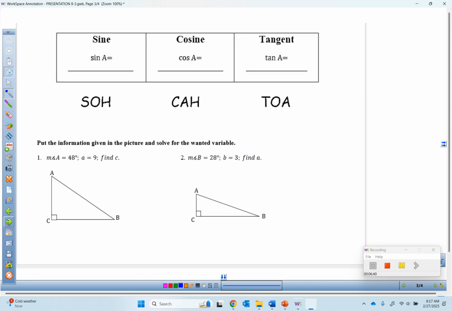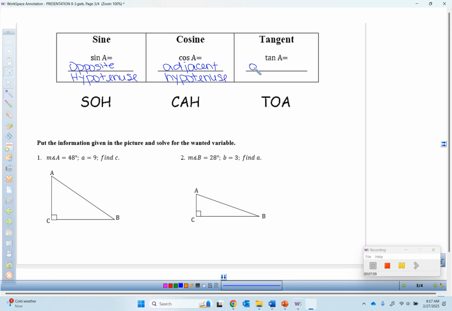Okay, so once again, sine is opposite over hypotenuse. And cosine is adjacent over hypotenuse.